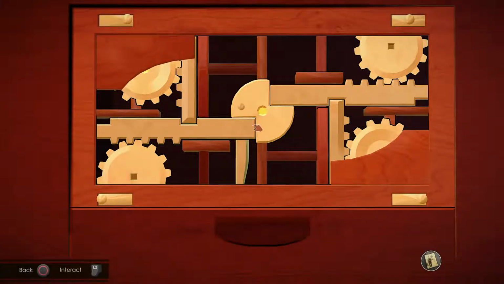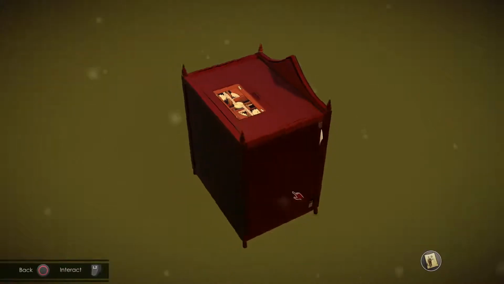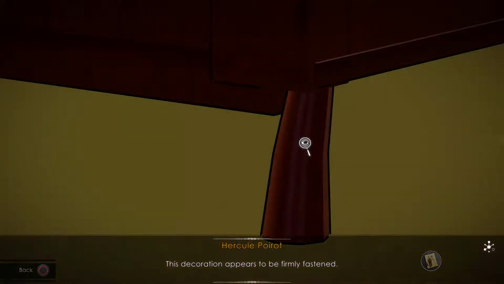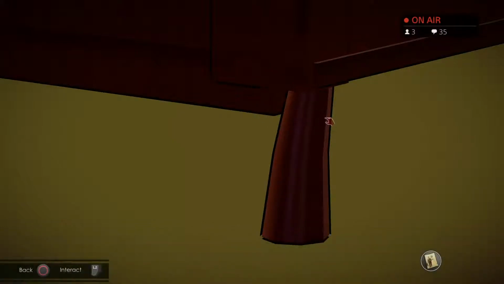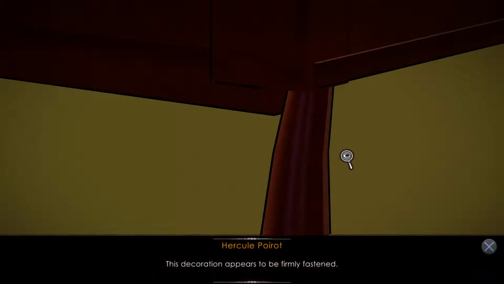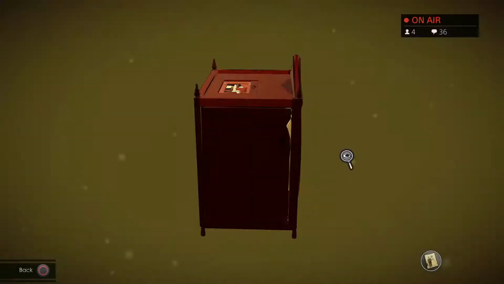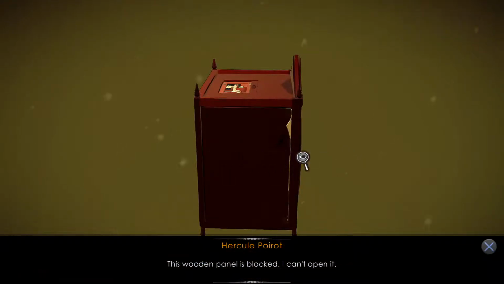Okay, let's back out and see if there's something that'll tell us how to do that. This decoration appears to be firmly fastened. Hello there, 95. This wooden panel is blocked. I can't open it.